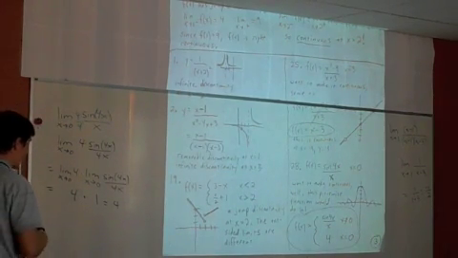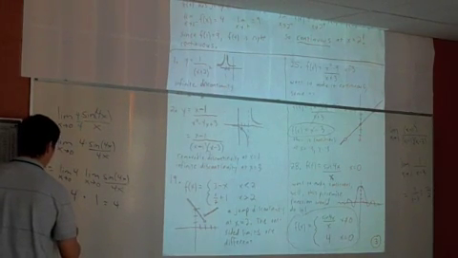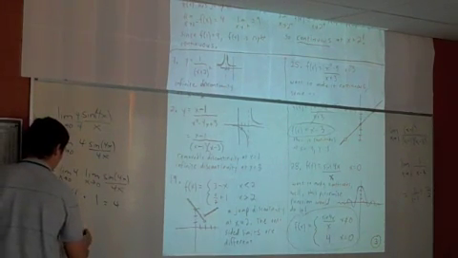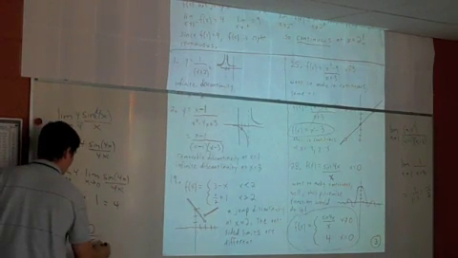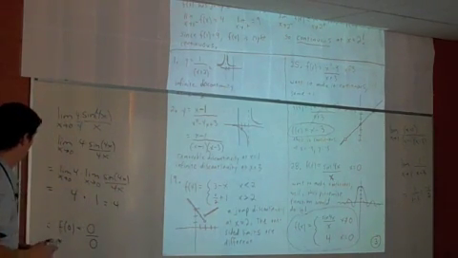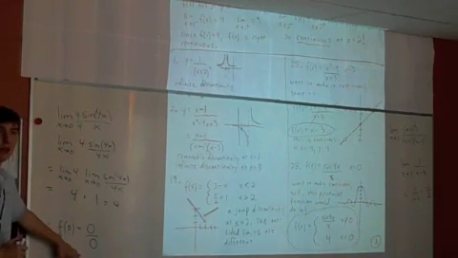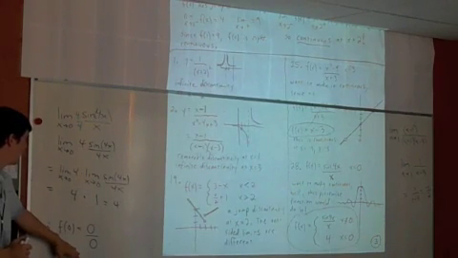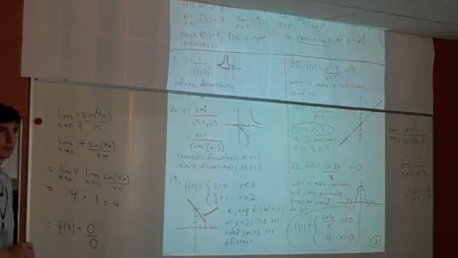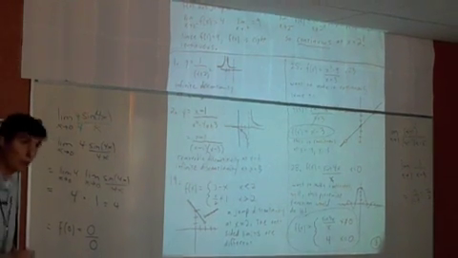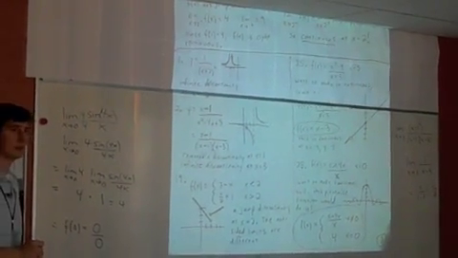Yeah, it's the same indeterminate form. The function value, f of 0, is equal to 0 divided by 0. You can't, so what does that mean about the continuity at 0? It's a removable discontinuity. Does that make sense, you guys?